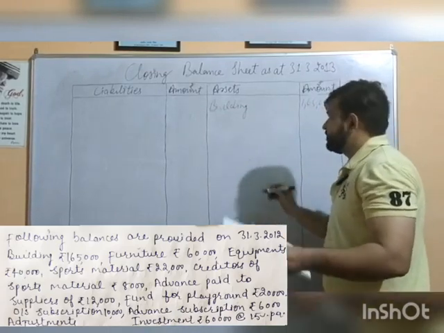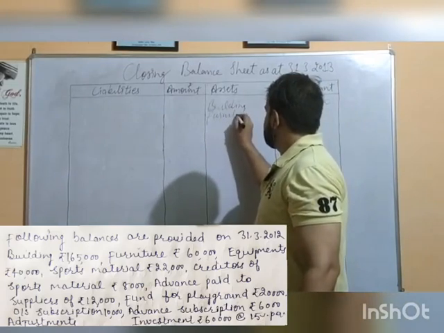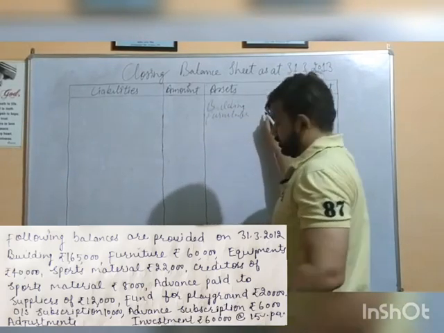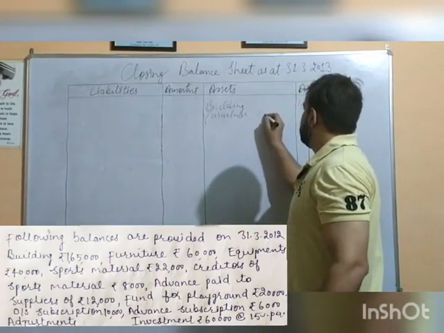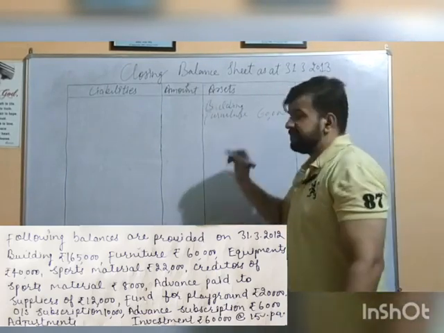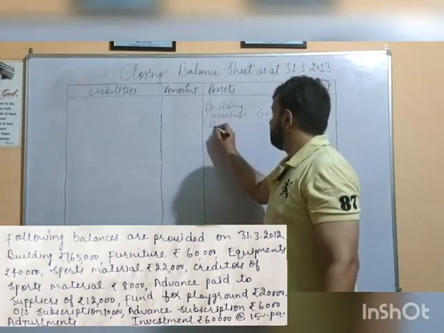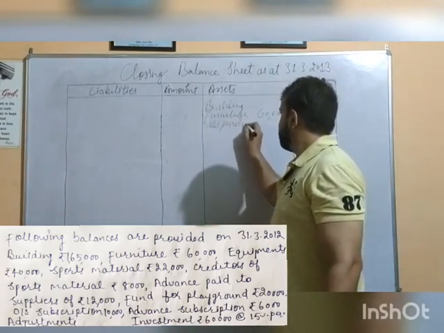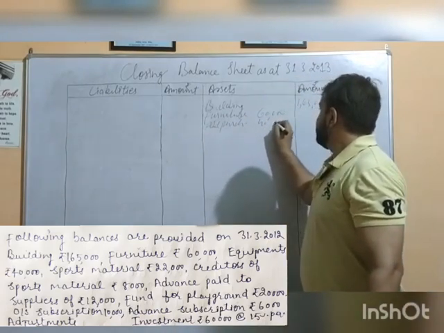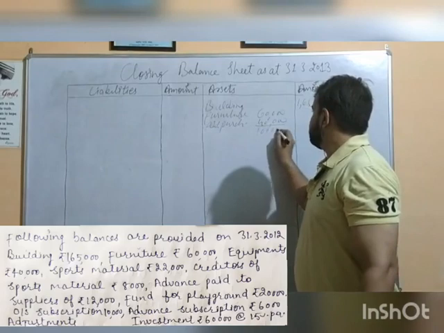Then we are having furniture. Rupees 60,000 we had in the beginning of the accounting year. During the year, we purchased additional furniture of rupees 40,000, add purchase. So at the end of the year, we should have 1 lakh rupees of furniture.